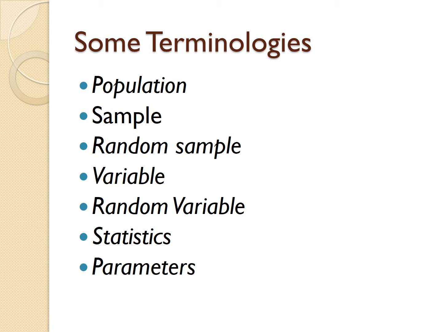Random variable is a randomly obtained variable from a sample or population. Statistics are summarized, calculated measures of a random variable, such as mean, standard deviation, or variance. Parameters are the population counterparts of such summarized or calculated measures of a variable, such as mean, standard deviation, and variance.